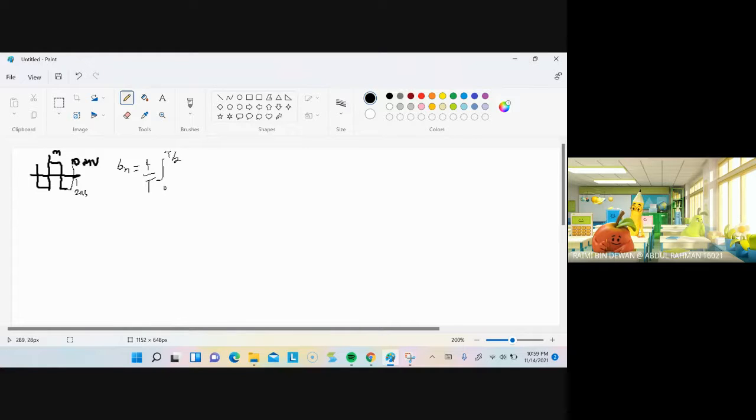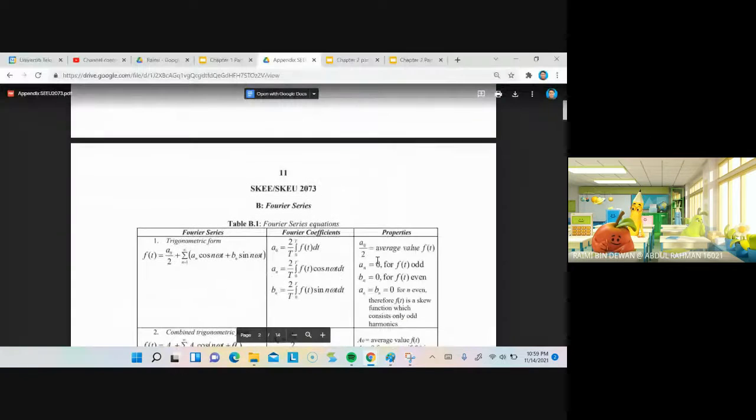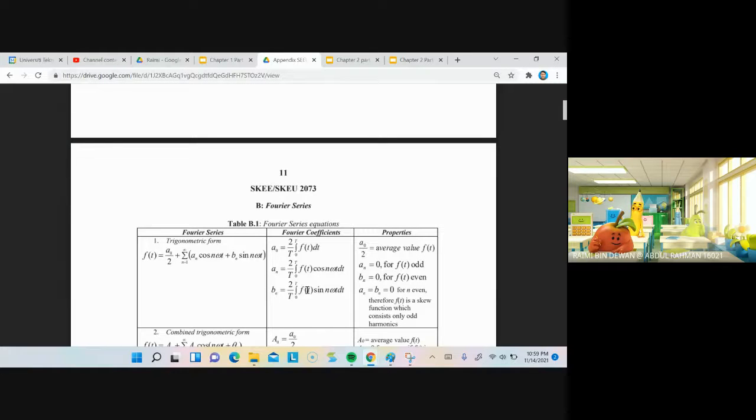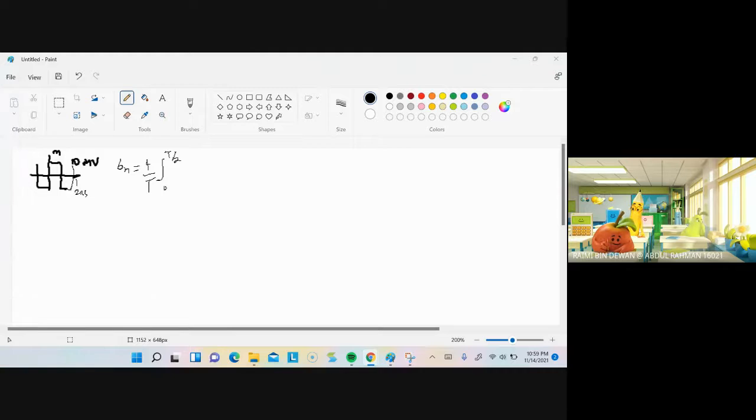Because the appendix just shows the general function. If this is f(t), it can be anything. For our case, the f(t) is the voltage. The signal given is a voltage.